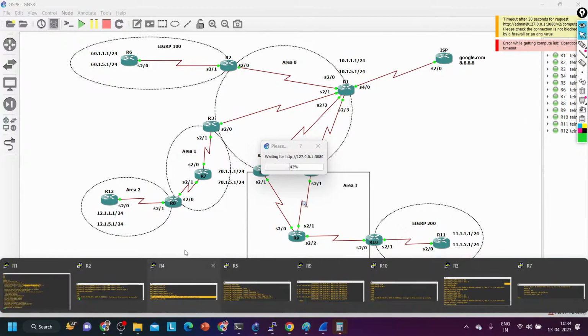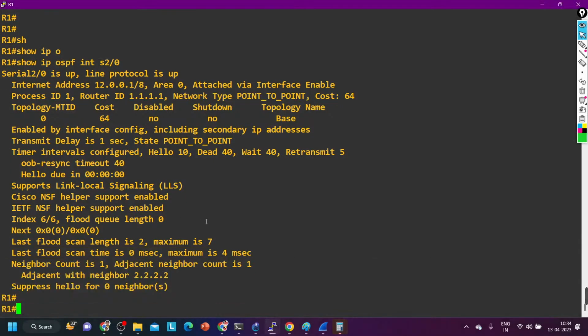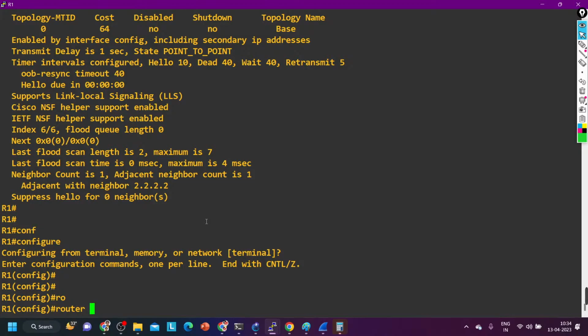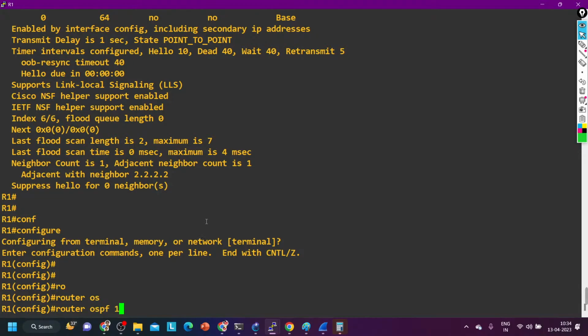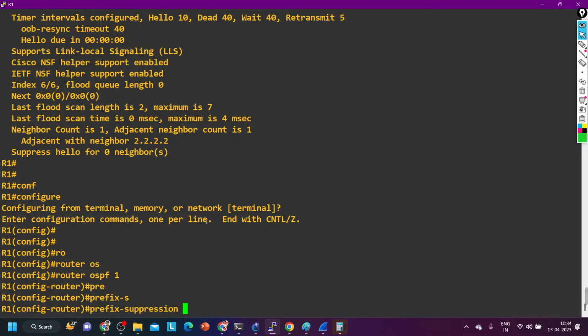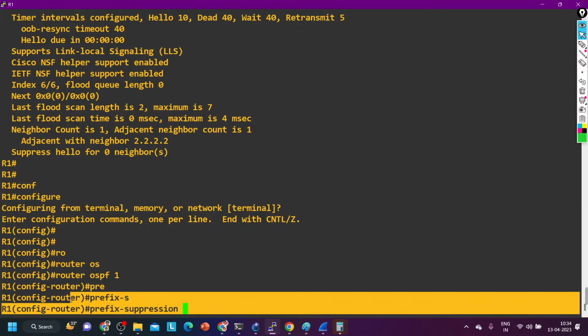On any router, let me run one command here, if you want to suppress the prefixes which are running on WAN interface. So router OSPF 1 and we can say prefix separation. On all routers you need to run this command in the OSPF domain.